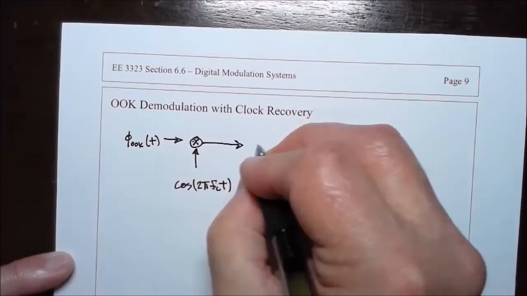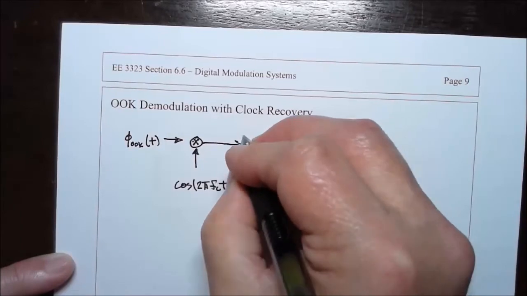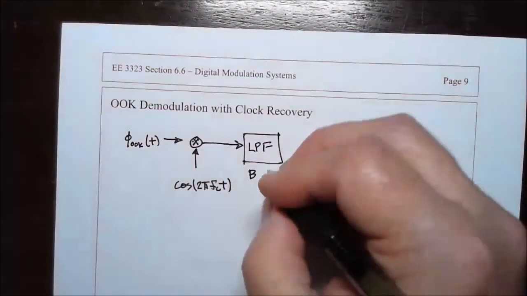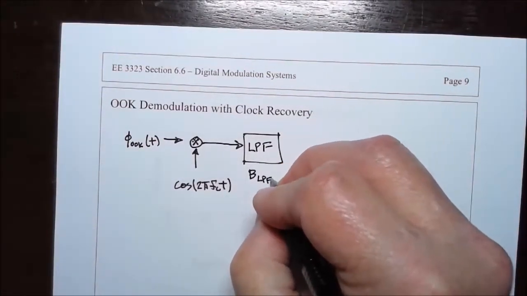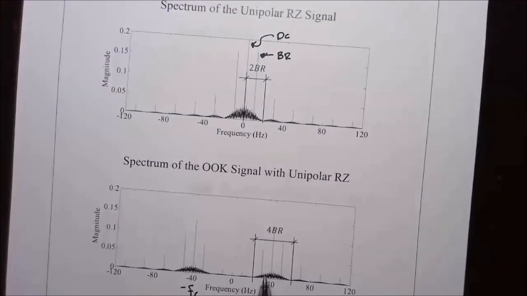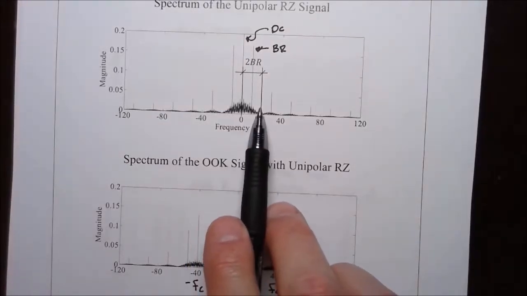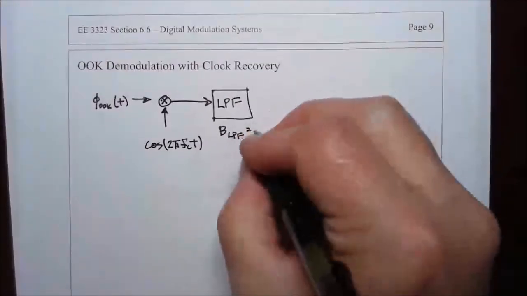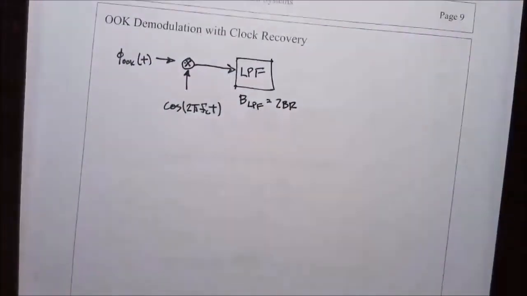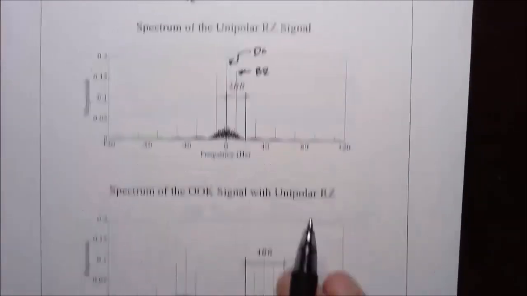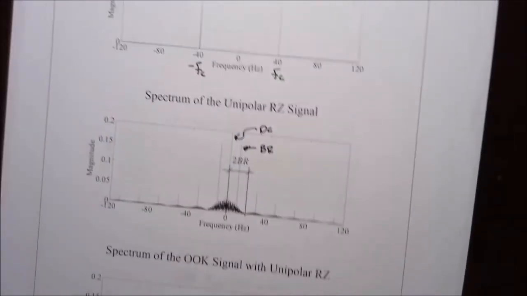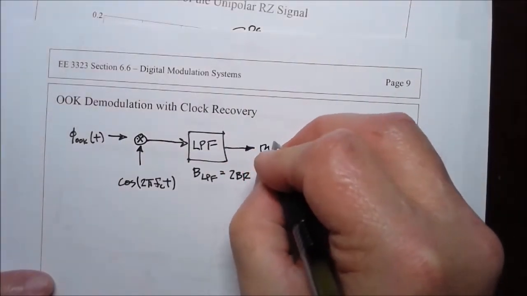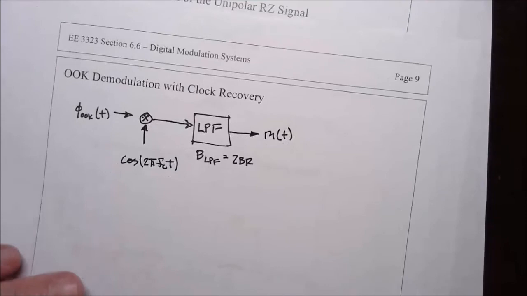So we follow that with a low-pass filter. The bandwidth of the low-pass filter has to be wide enough. It's got to be twice the bit rate, and that will recover the spectrum of this composite signal, which will recover our message signal m(t).